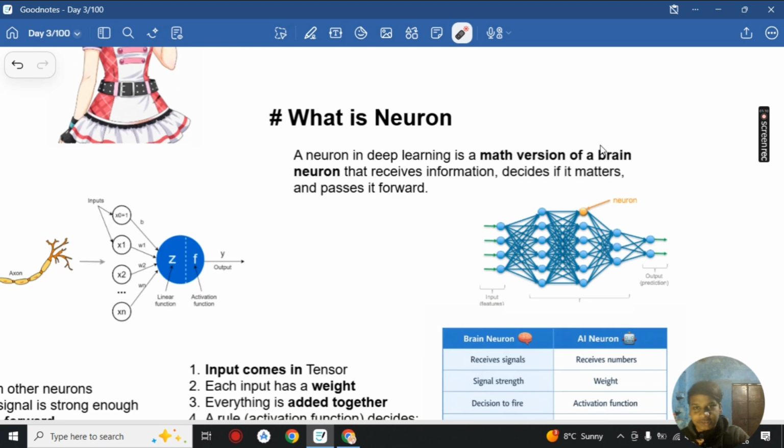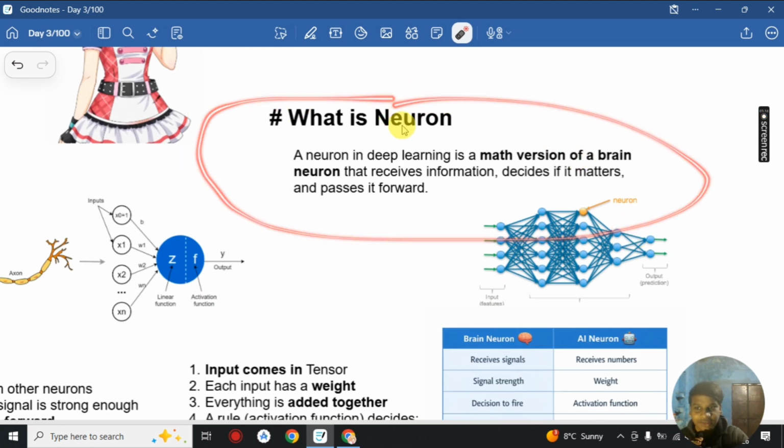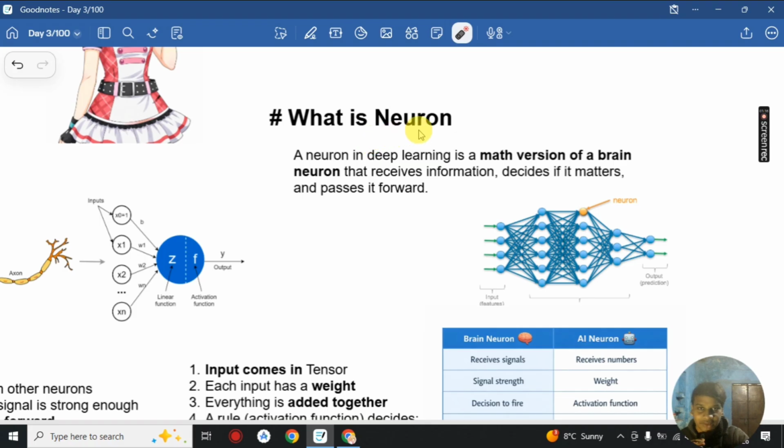Before assembling the neuron, we first need to understand what a neuron is. In deep learning, a neuron is basically a mathematical version of a brain neuron that receives information and decides if it matters or not. If it matters, it passes it forward.